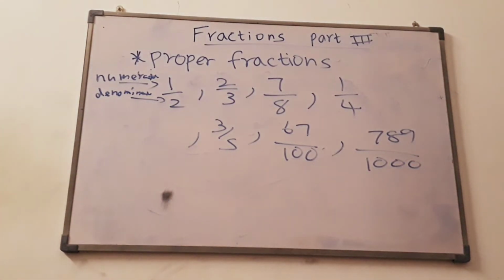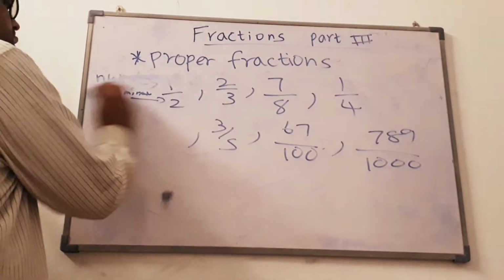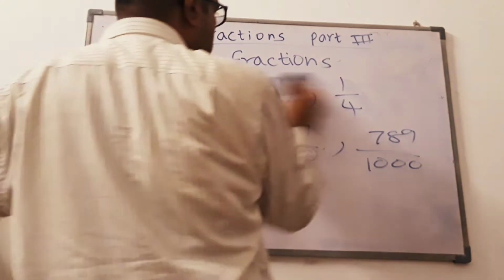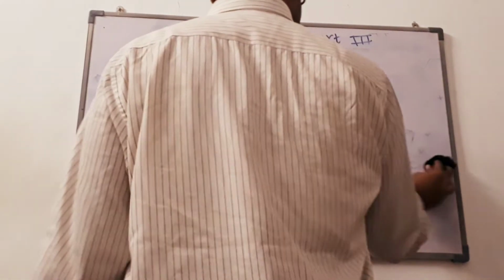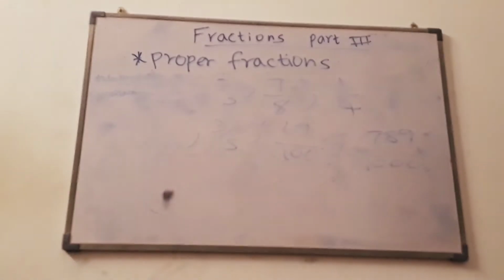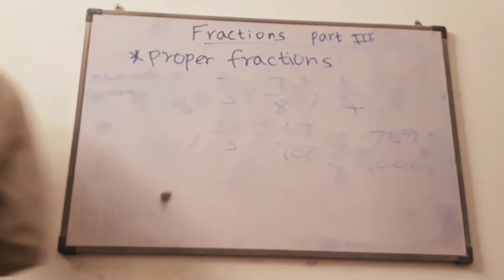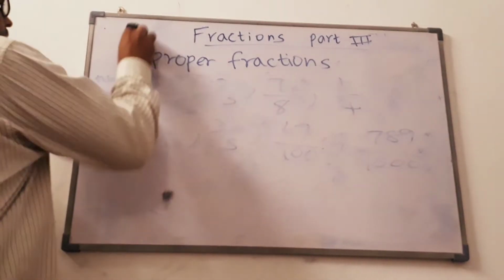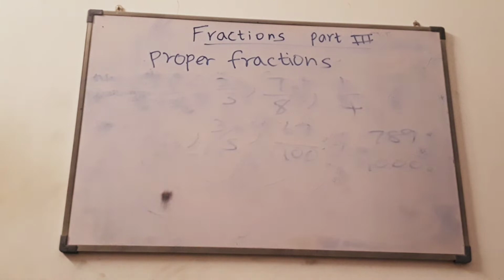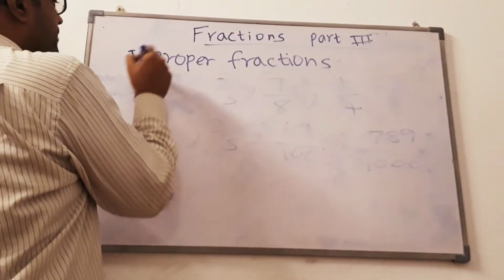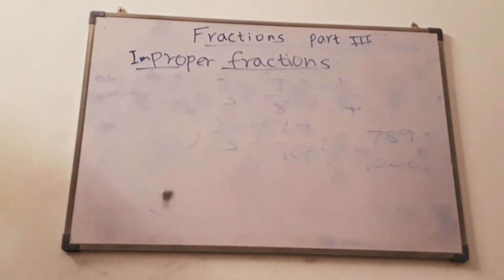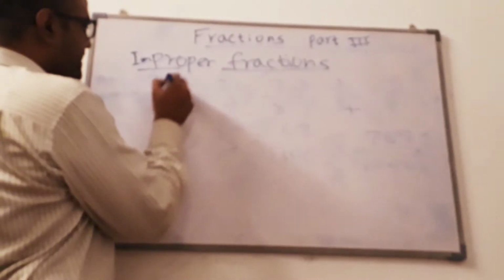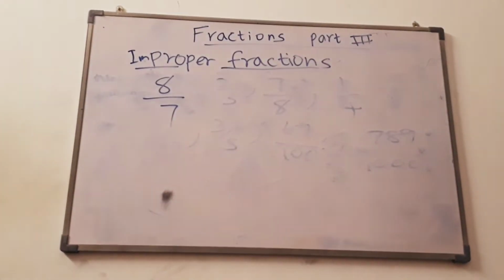Then what are improper fractions? Proper fractions means numerator, the value above the slash, is smaller. What if it is an improper fraction? Numerator is smaller than denominator in proper fraction. What if numerator is greater than denominator?